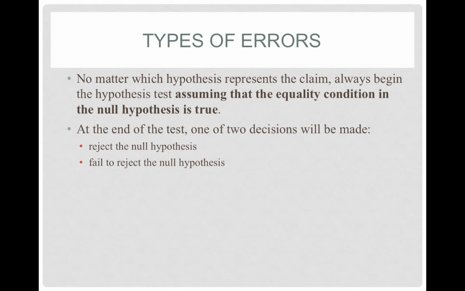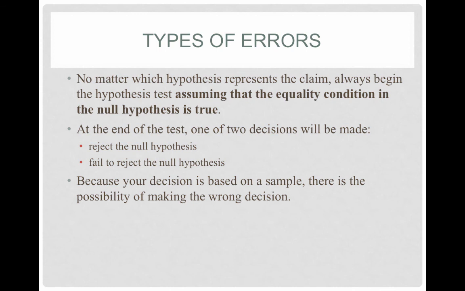We have assumed the null hypothesis is true. What is one of our two decisions? We either reject the null hypothesis or we fail to reject the null hypothesis. Nowhere on there does it read you accept the alternative, right? All right, that's important. You either reject or fail to reject the null.